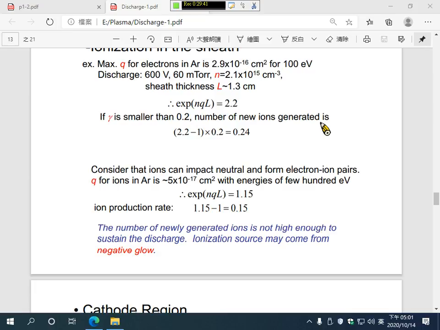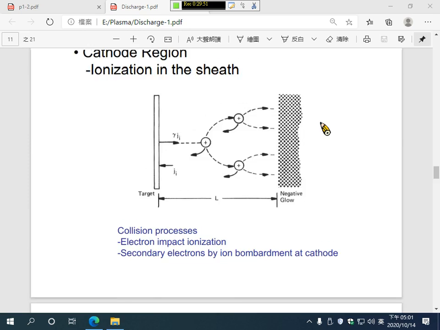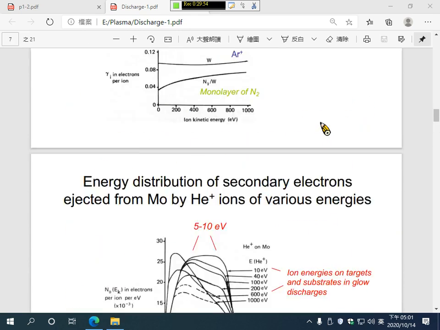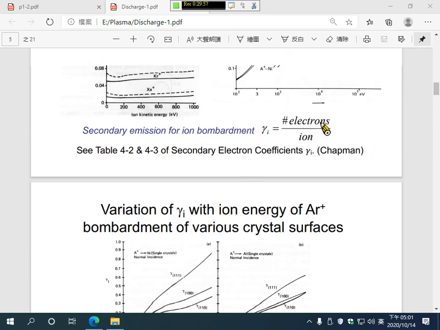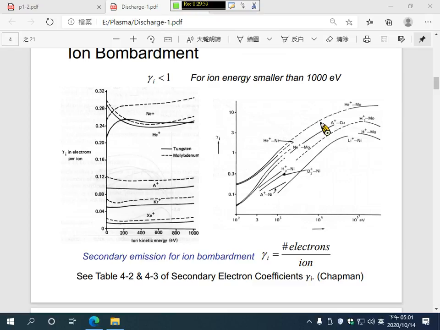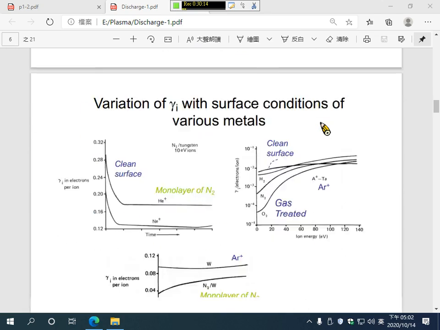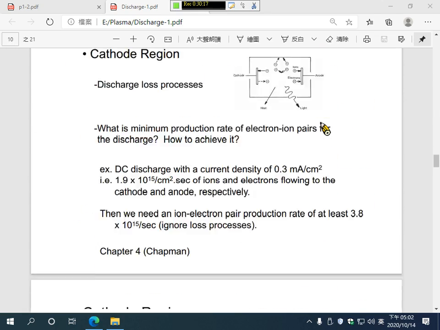And gamma in this place is about 0.2, the secondary electron emission from ion bombardment. So you can use this value to estimate the number here.